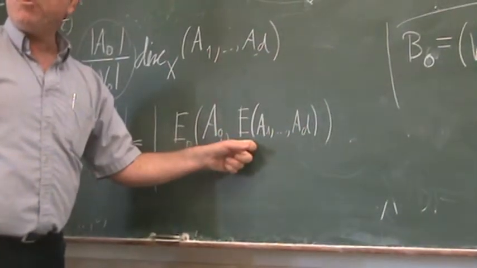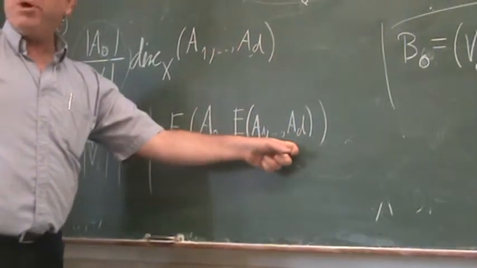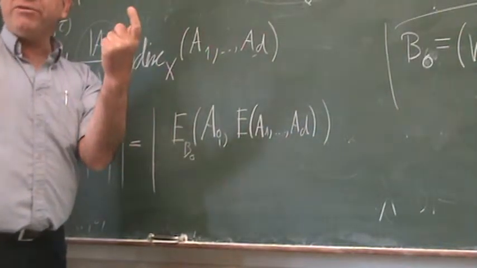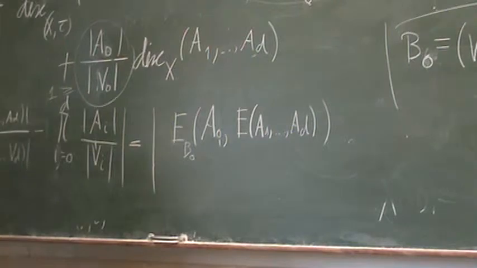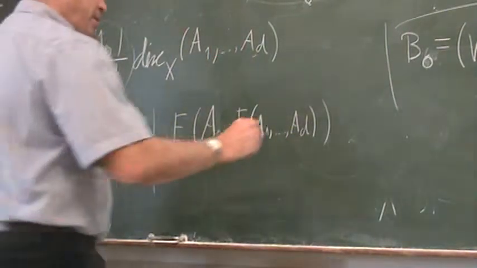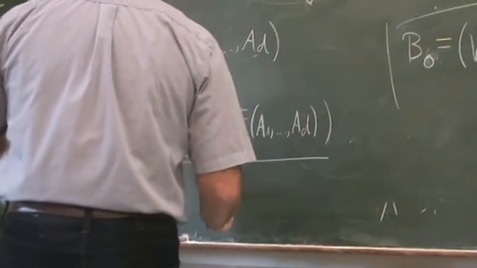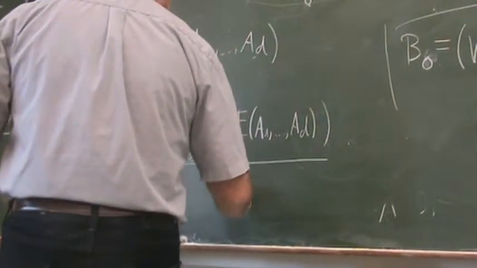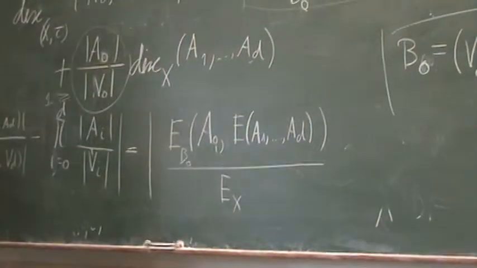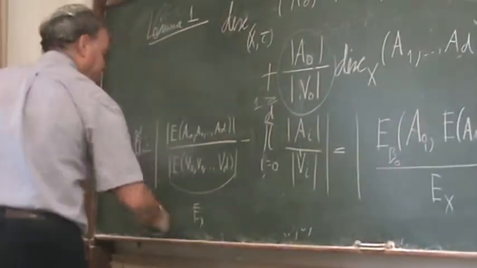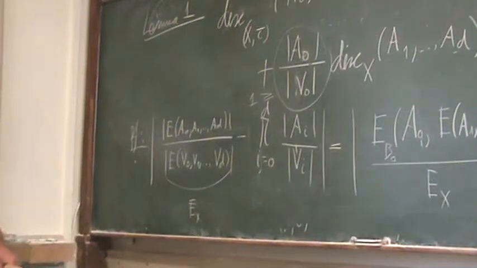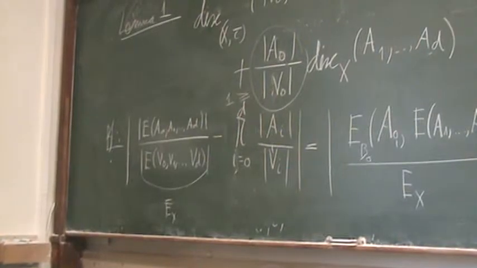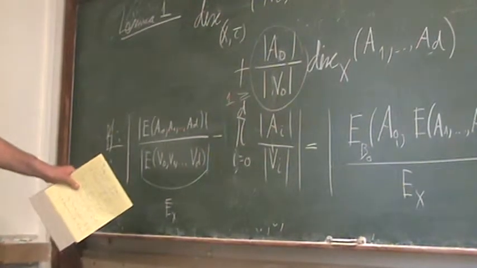This is the set of walls of type A1 up to AD, right? In the bipartite graph B0. Do you see that this is the same number? Divided by this number. So we just call it maybe E of X. This is just E of X, like the total number of edges of X. When I say edges, I mean maximal edges, right? Like maximal chambers. Okay? E of X.